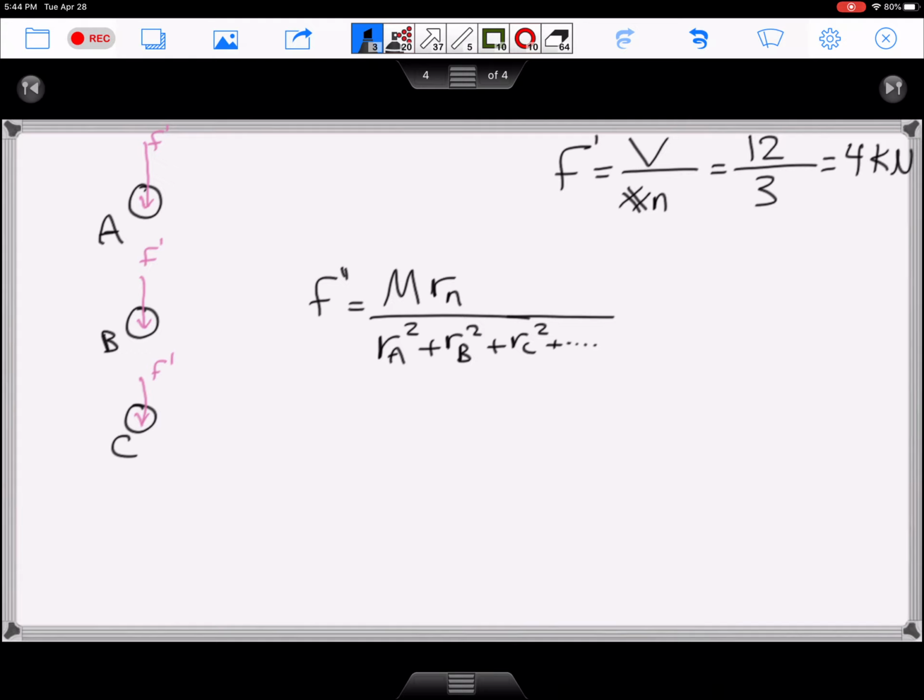For this bolt configuration, the centroid is going to be in the middle, exactly at bolt B, right here. Imagine just a line, and where's the centroid? It's going to be in the middle of that line.